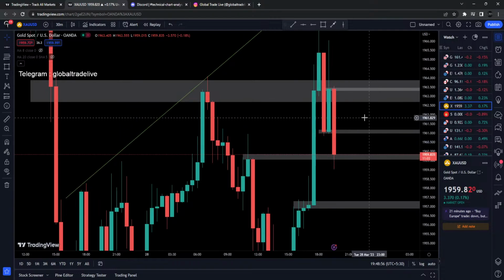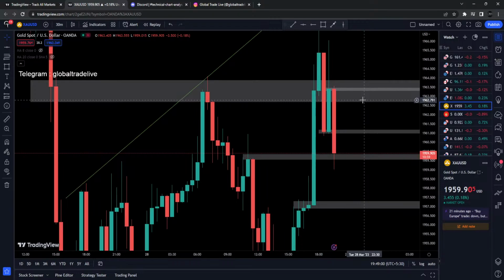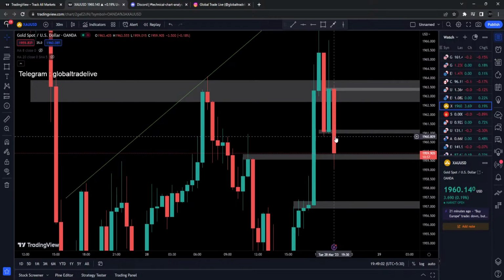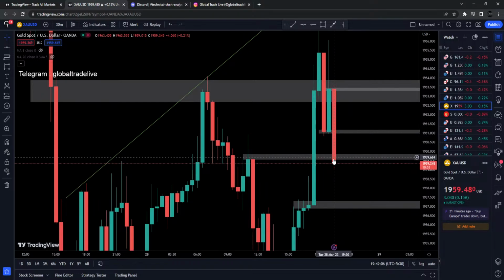That means it's going to move down. So that was where I saw the opportunity of taking sells, and I took sells over here when this candle was breaking the lows, and I closed everything at 13 pips.